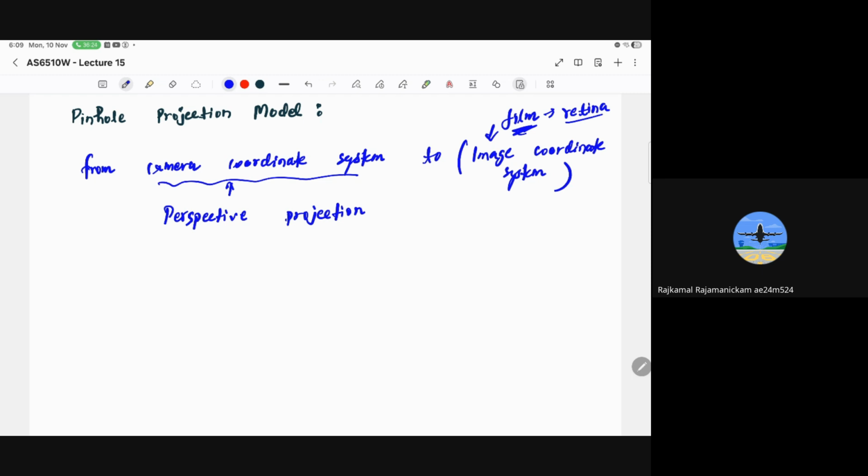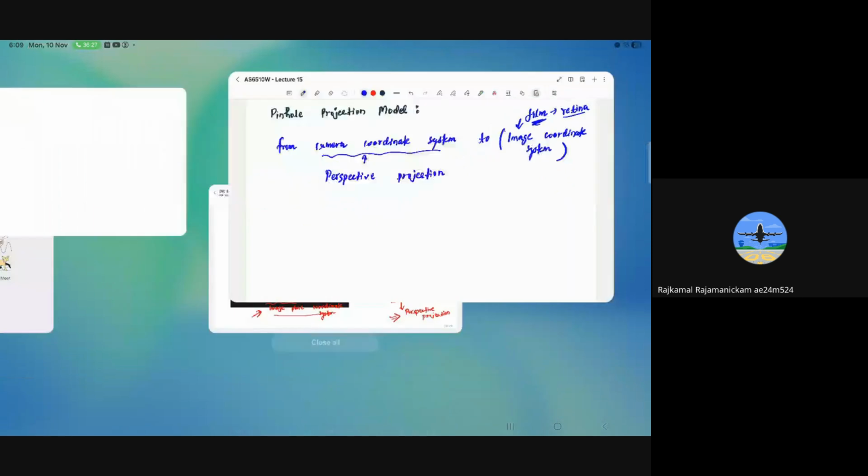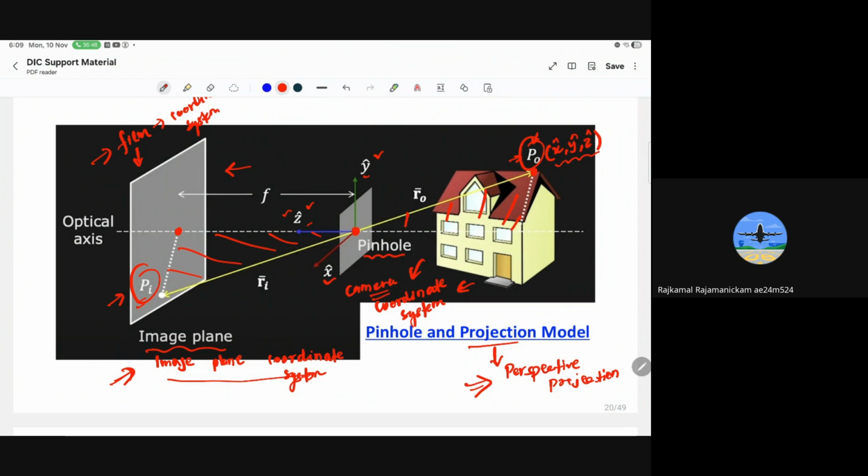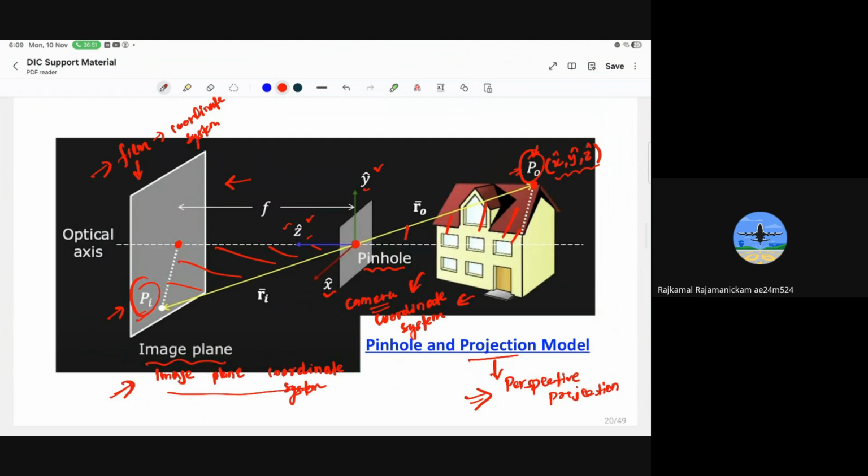Okay. So coming back to this one, you can basically write the similarity of the triangles, right? So we have these two triangles. You can call one triangle this and the other triangle this, right? If you use the similarity of these two triangles, you can write, so I'll write it here. This is the coordinate Ri, which is in image coordinate system for this particular point.